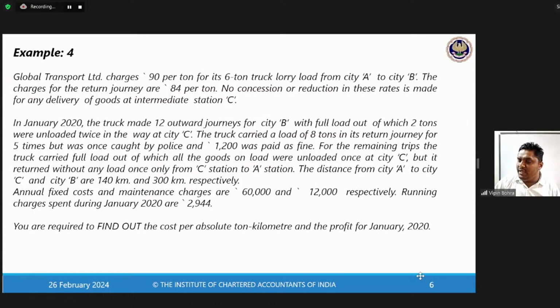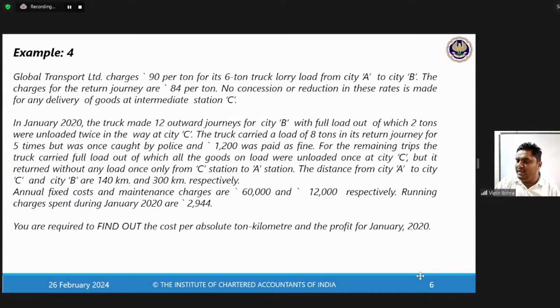Now in January 2020, the truck made 12 outward journeys to city B with a full load, out of which 2 tons were unloaded twice on the way at city C. The truck carried a load of 8 tons in its return journey 5 times, but was once caught by police and paid 1200 rupees as fine.